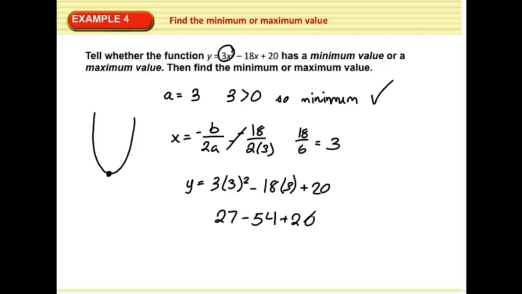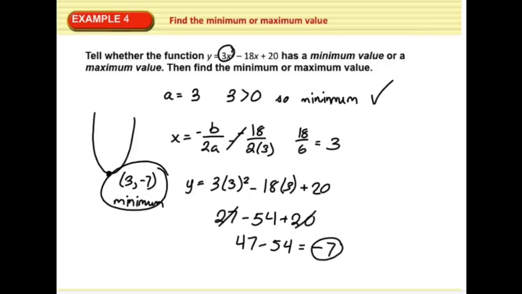So positive 20 and positive 27 is positive 47 minus 54 equals negative 7. So my coordinate for my vertex is 3, negative 7, and that's where the minimum value is going to be. So the question asks me, is there going to be a minimum or a maximum, and then where is that value? So I answered both parts of the question.